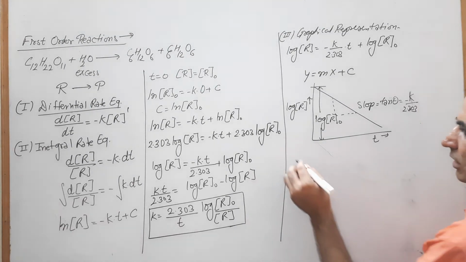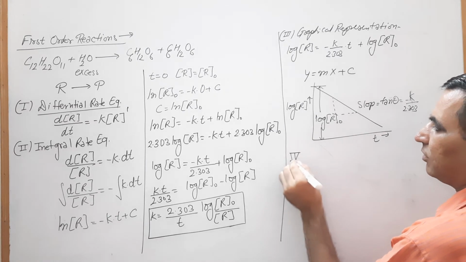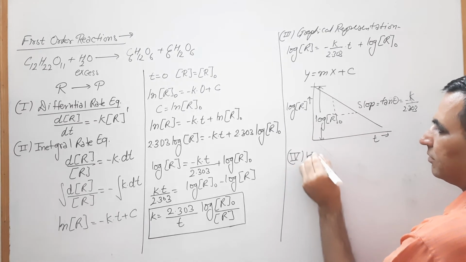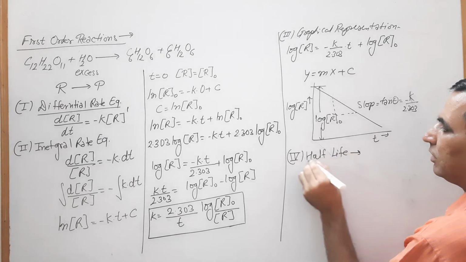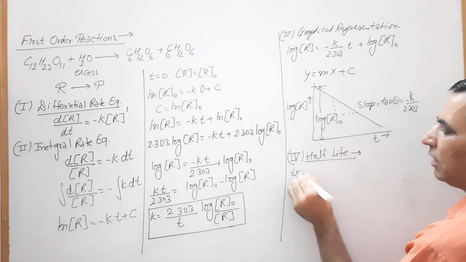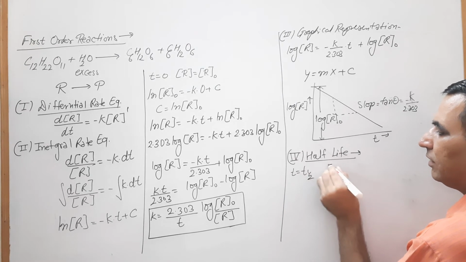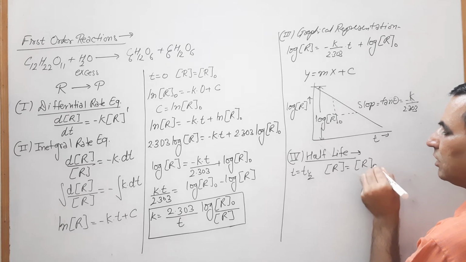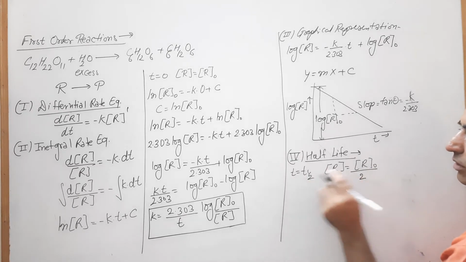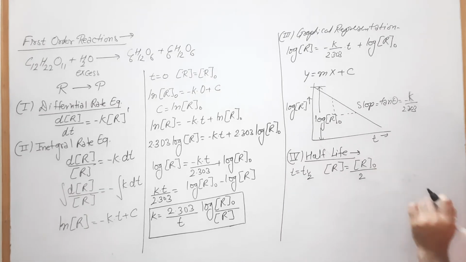Now the fourth and last point is the half-life of this first order reaction. According to the definition, half-life is the time period when the concentration of the reactant is just half of the initial concentration. So t equals t half and R equals R0 by 2.